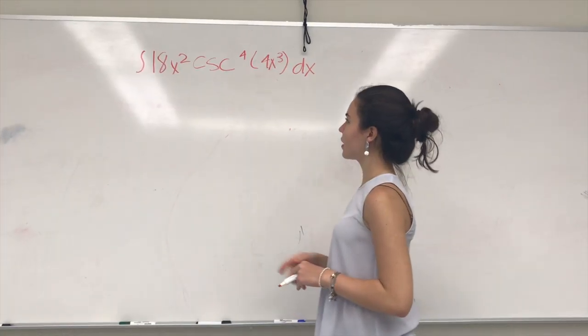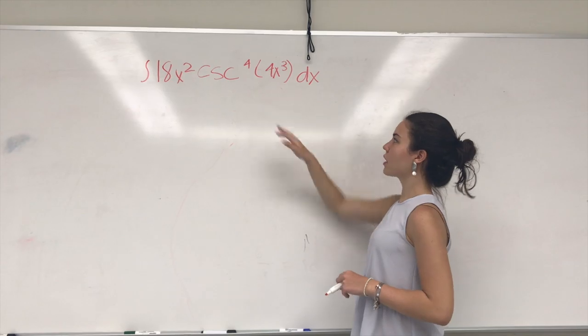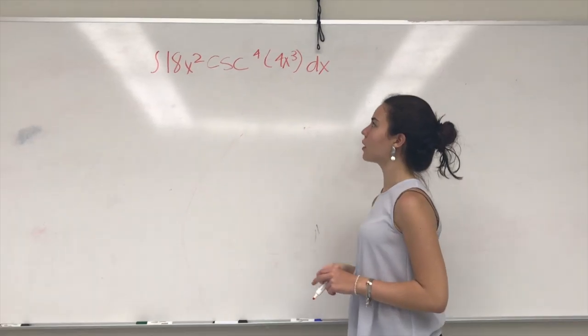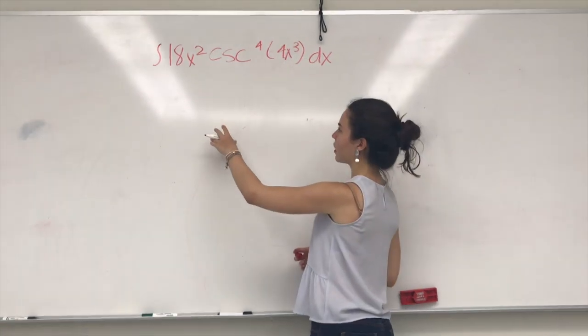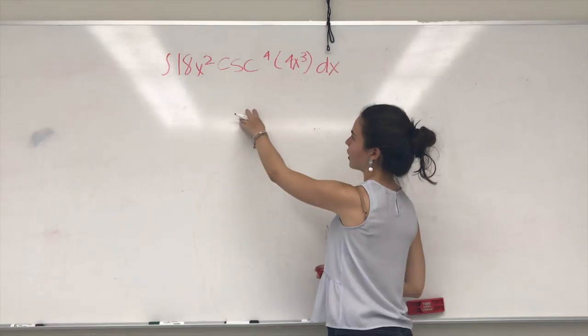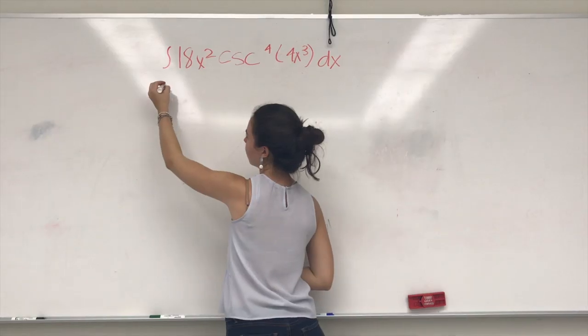Okay, so this is a problem of cosecant to the power of an even number. In this case, it's to the 4th power. So in this case, what we will do is divide the equation into 2 by doing cosecant squared and then another time cosecant squared. So it will look like this.